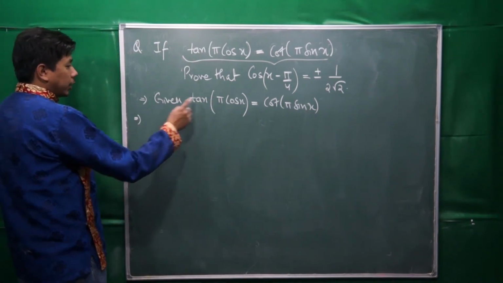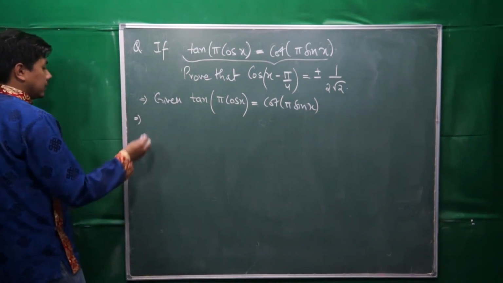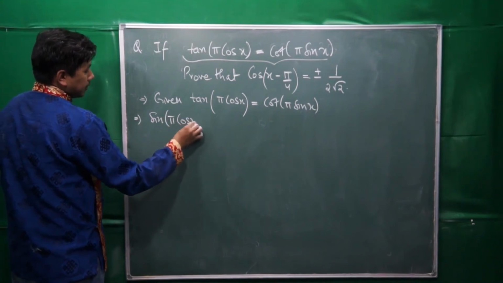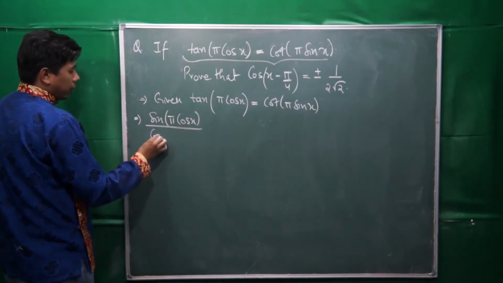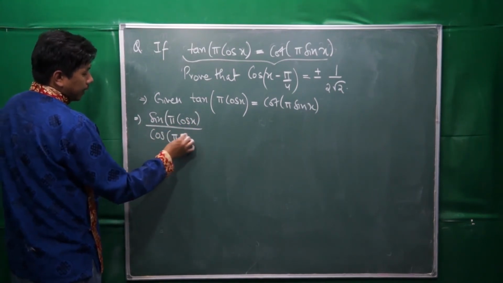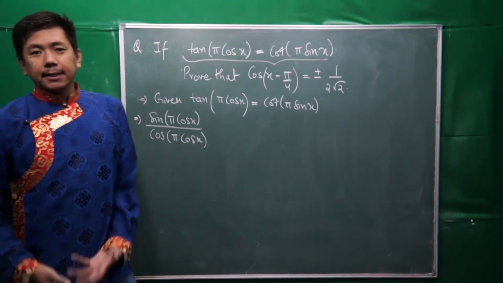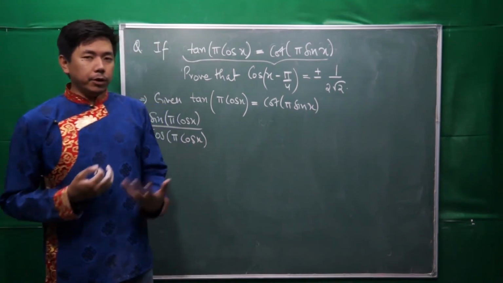So instead of writing tan, I can write it as sin(pi cos x) upon cos(pi cos x). The reason being tan x is equal to sin x upon cos x.